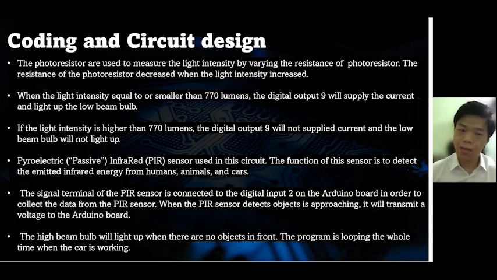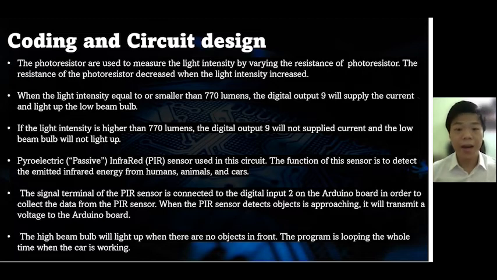The second sensor we use in our system is the pyroelectric passive infrared PIR sensor. The function of this sensor is to detect the emitted infrared energy from objects like humans, animals, and cars. The signal terminal of the PIR sensor is connected to digital input 2 on the Arduino board, so the Arduino board can collect the data from the sensor.